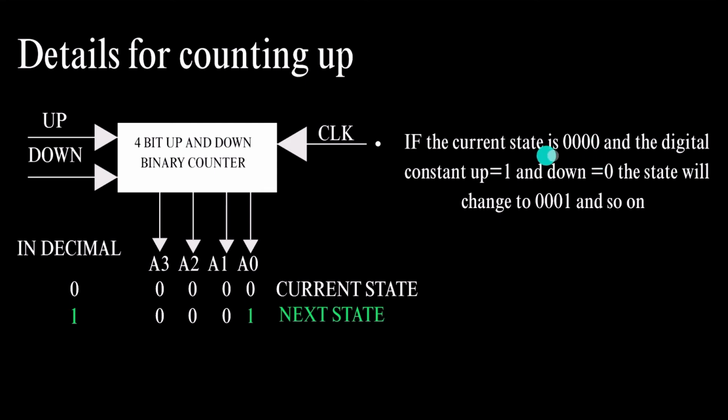If the current state is 0 0 0 0, which in decimal equals 0, and up equals 1 and down equals 0, the state will change to 1 0 0 0, which in decimal equals 1. That helps us understand that when up is 1 and down is 0, it counts up.